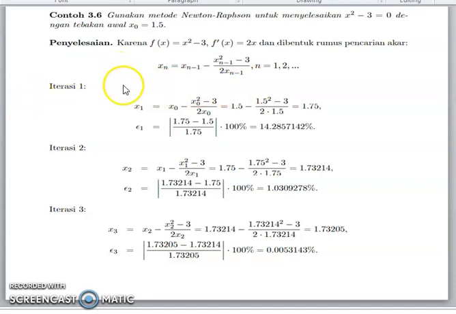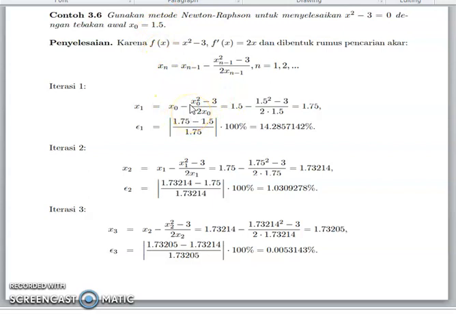For the first iteration, you can substitute that our initial guess is x0 equals 1.5.